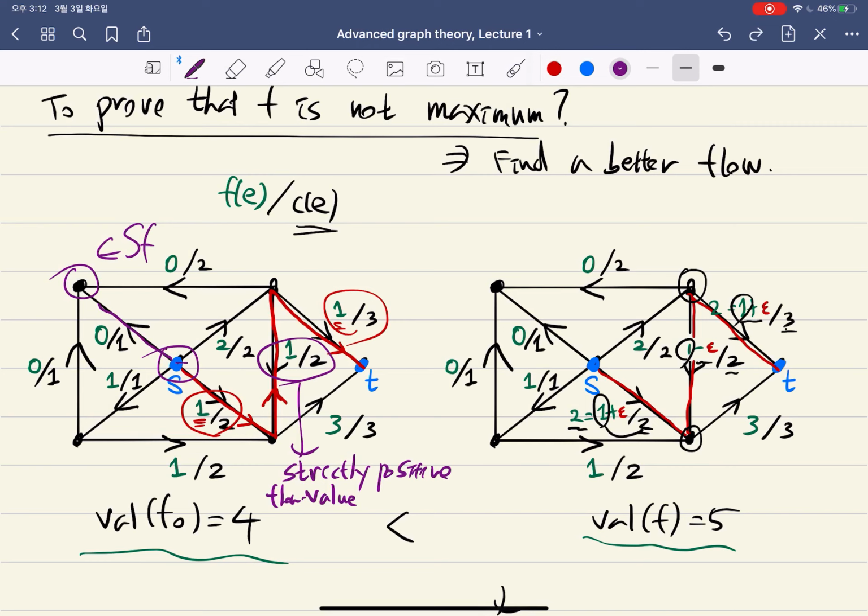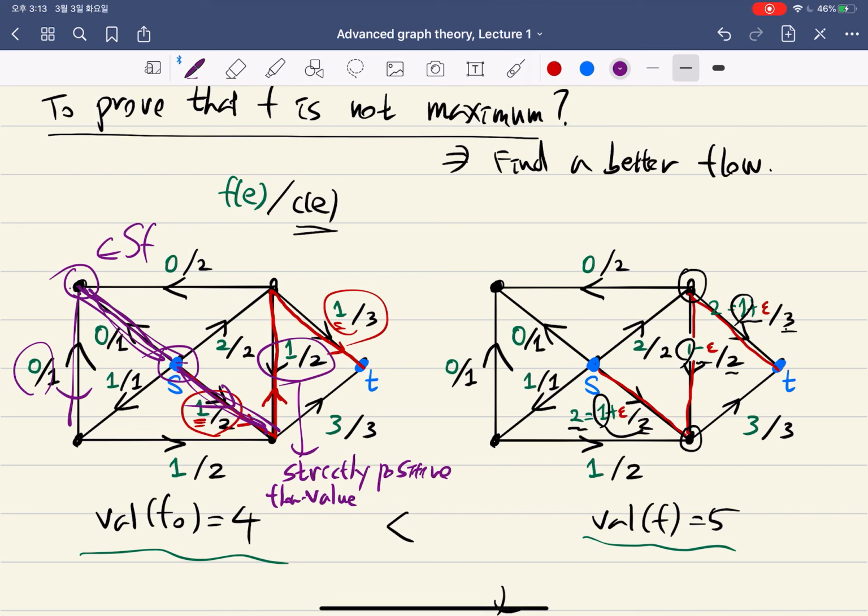So this is an F augmenting path from S to this vertex, and then this as well. But this is not, because this is not an F augmenting path, so we cannot add it. And this is also not. From here, this is 0, so we cannot add it.